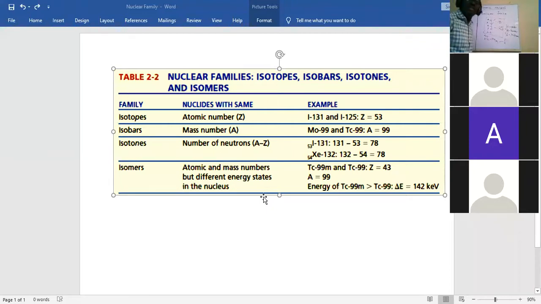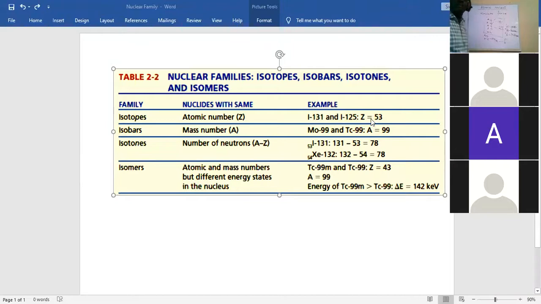Okay. Thanks. So we have so many families of nuclei. The first one here: they have the same atomic number, like the ones I mentioned here, iodine 131 and iodine 125. The proton number is 53.